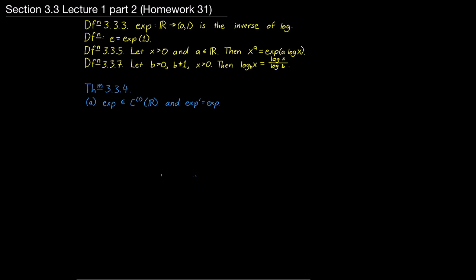You can keep differentiating, but you'll only be asked to prove that it has one derivative. Exp of 0 is 1. Exp of x is greater than 1 if x is positive, and exp of x is less than 1 but is positive if x is negative.